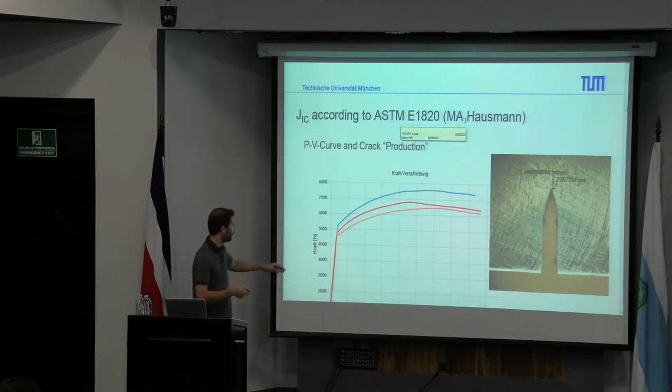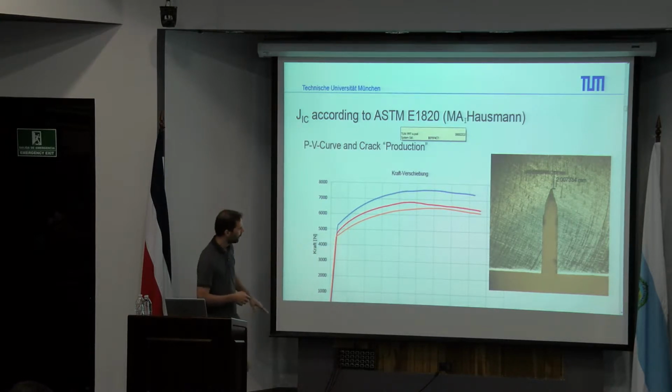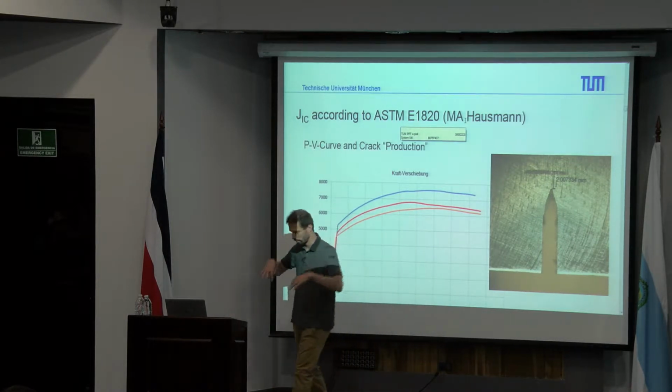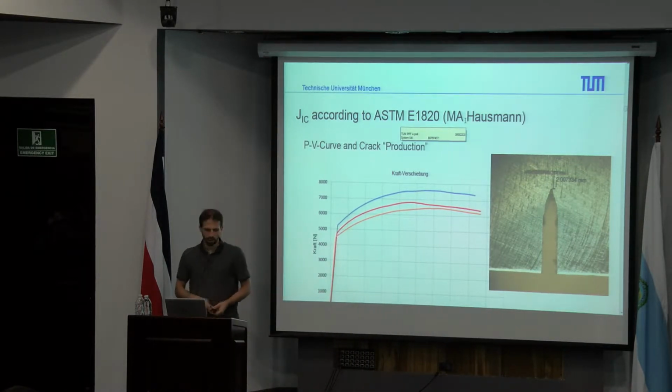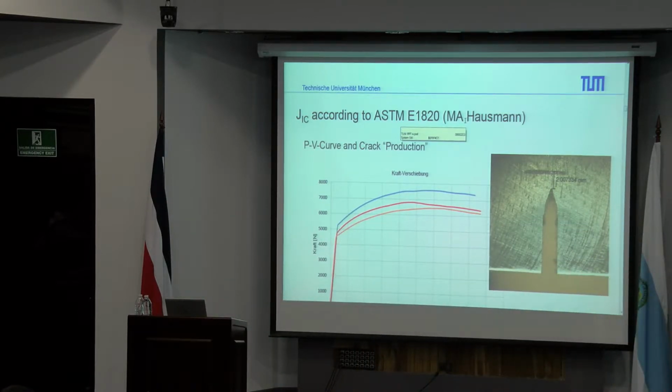We have our force, the graph in newtons, and at this side we have the deformation of our specimen due to a testing, so a 3-point test.